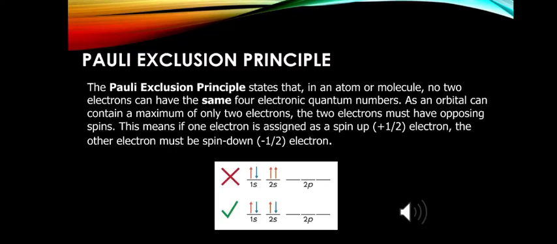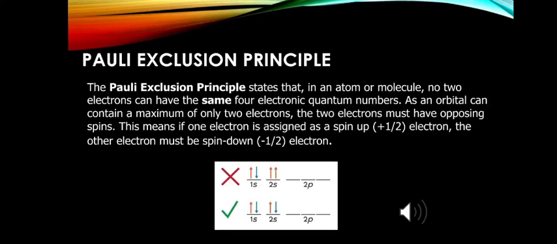So in the next slide they have given a green tick which shows that this configuration is okay. Why? Because the electrons in the two different orbitals are filled properly, one with spin up and one with spin down.